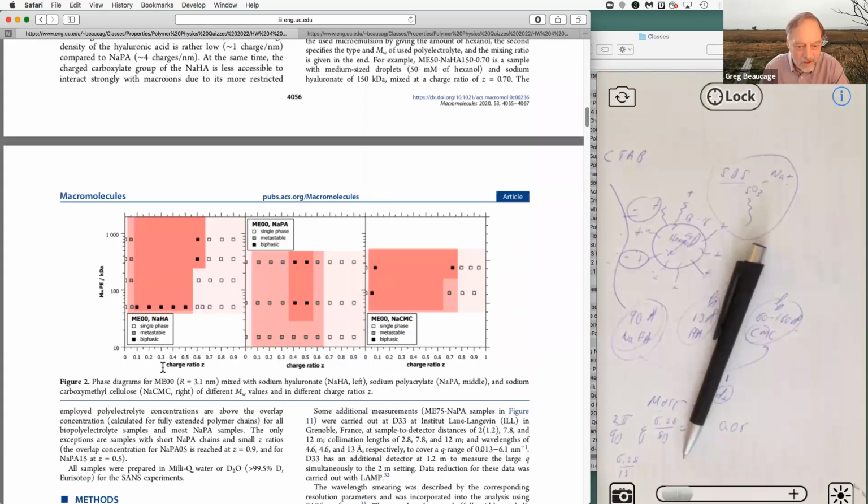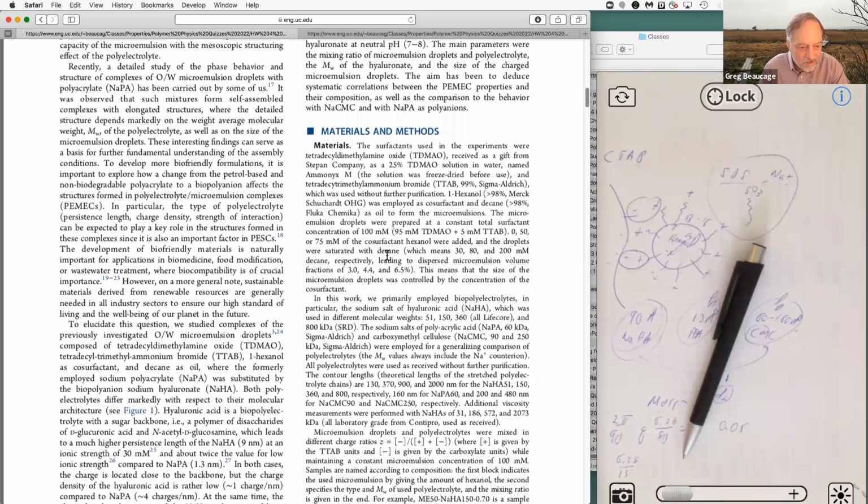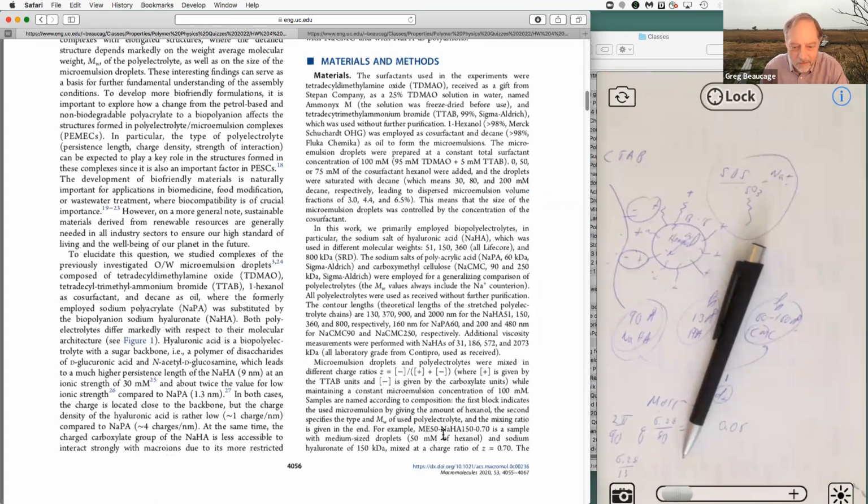So they have this kind of messy system. It's complicated. So they're going to be named like the amount of hexanol, 50 means 50 millimoles of hexanol put in the oil. So that's the oil, and there's a surfactant.